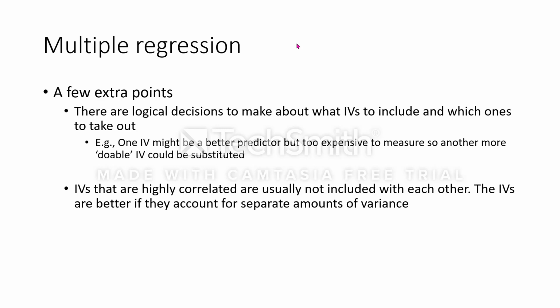For example, if you're interested in measuring the effect of stress on exam performance, and you think that stress is going to be an important variable to include in your regression analysis, you may discover that measuring cortisol is indeed the best measurement of stress, but it's also an expensive test that may cost several £1,000s to administer to a large number of participants.